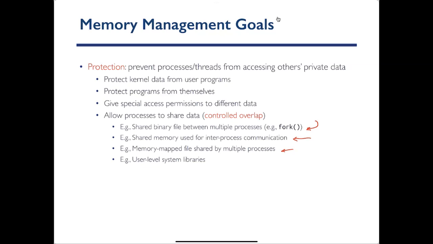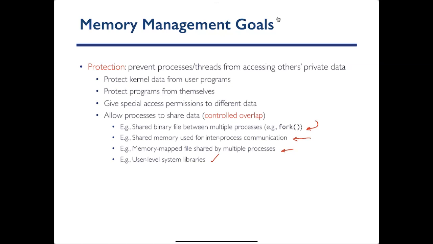The last example here is user-level system libraries. Let's say the C library or any other library that you have in your system. You don't want to copy multiple copies of the same library in memory because that's wasteful.